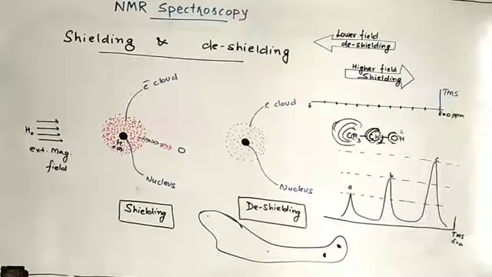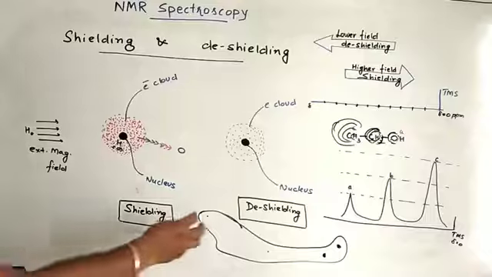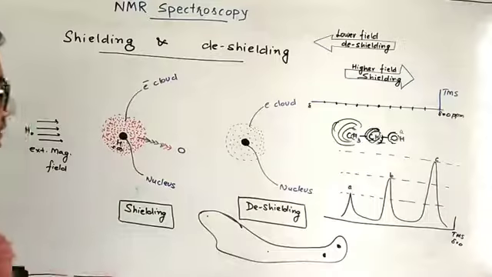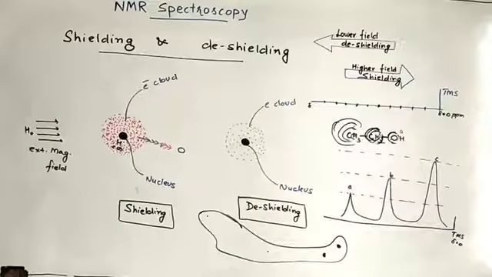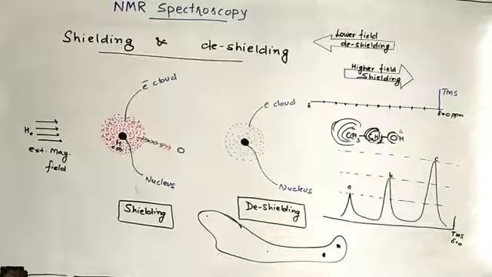Otherwise, the external magnetic field strength is uniform. We are starting from one point, and it continuously goes on increasing from left to right. But when you apply a magnetic field, it is uniform for all the compounds. You can't say that the magnetic field applied here is more as compared to here. No, it's uniform. But how the protons give different peaks depends upon the electron density around them.